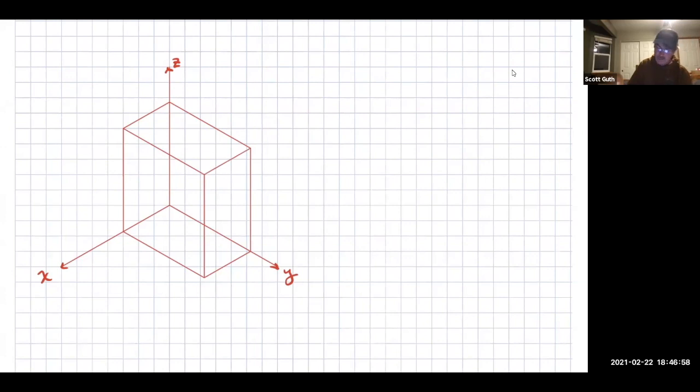And I'm going to change these to dashed lines, I think. So real quickly, I'm just going to change the way these look.